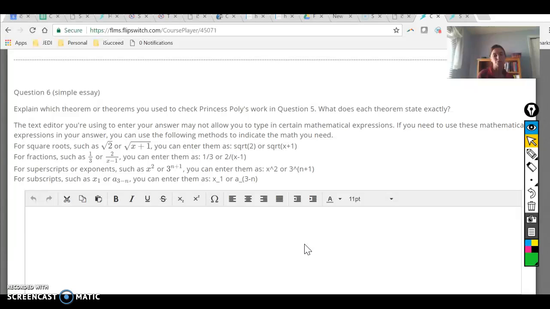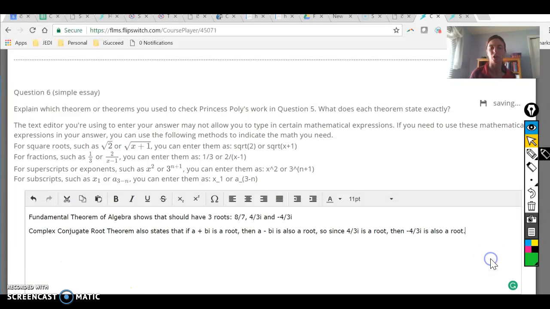Those are the two theorems that we can use to prove that she was slightly incorrect in her reasoning. And that's what you should put for number 6. I've gone ahead and typed that out for you, what you should be looking at here, and I think I explained it earlier.